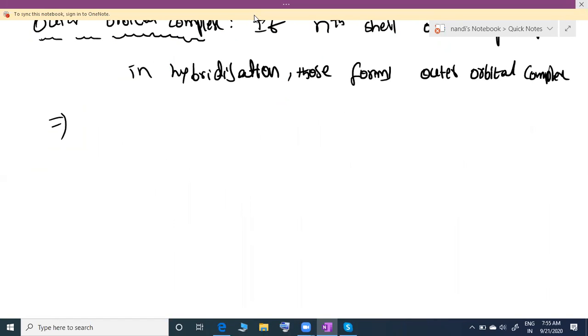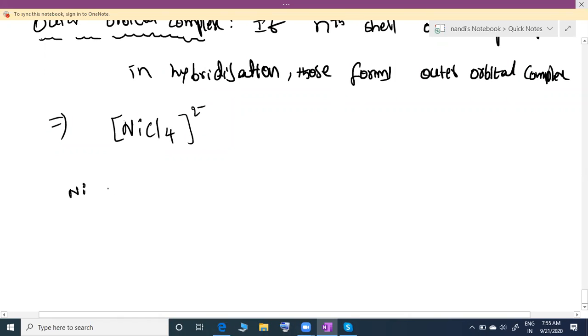For example, here NiCl4 2 minus. This I am going to explain. Write first the nickel electronic configuration. Nickel has atomic number 28. Everyone knows that.